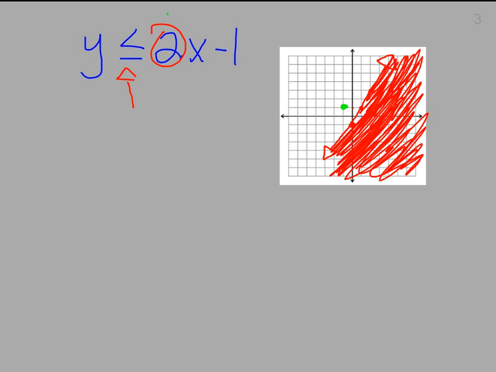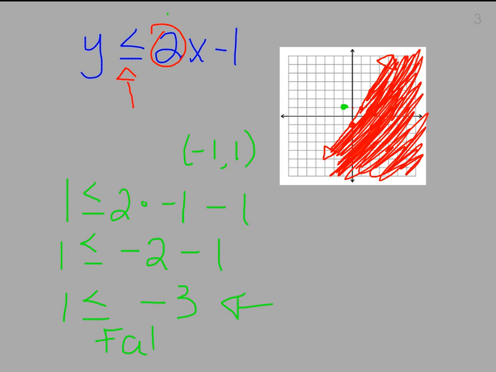Okay, so if I'm doing the point -1, 1, I can go 1 is less than or equal to 2 times -1 minus 1. Well, 2 times -1 is -2, and -2 minus 1 is -3. So that gives me this statement, 1 is less than or equal to -3. Not true, that's false, which it should have been because it was not in the shaded region. So we have done our graph correctly.